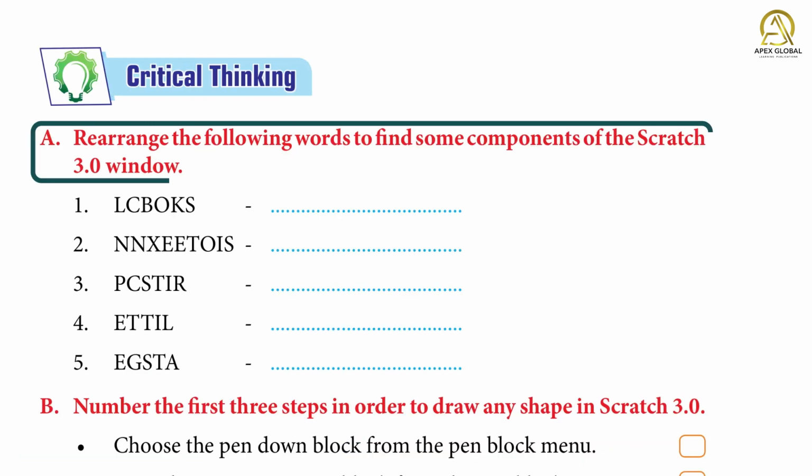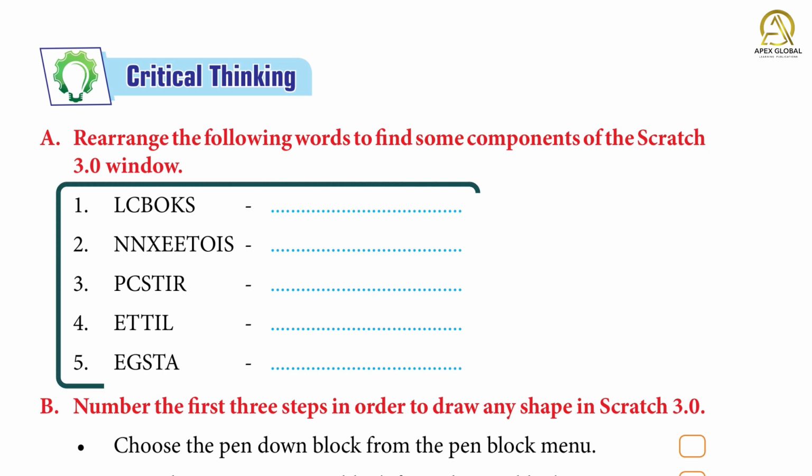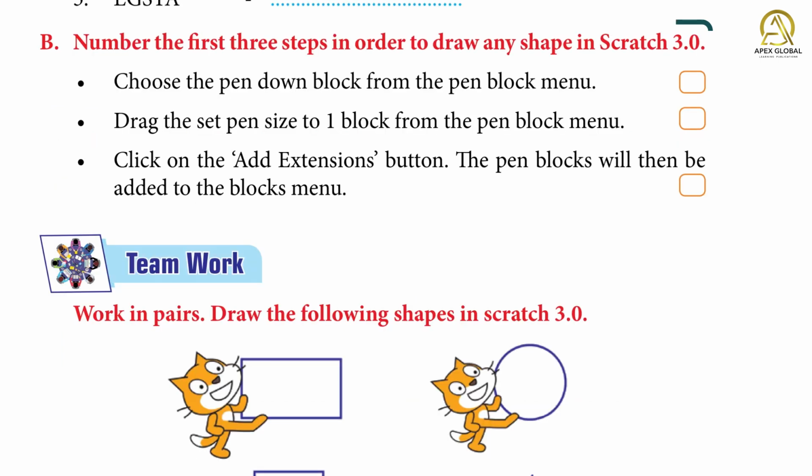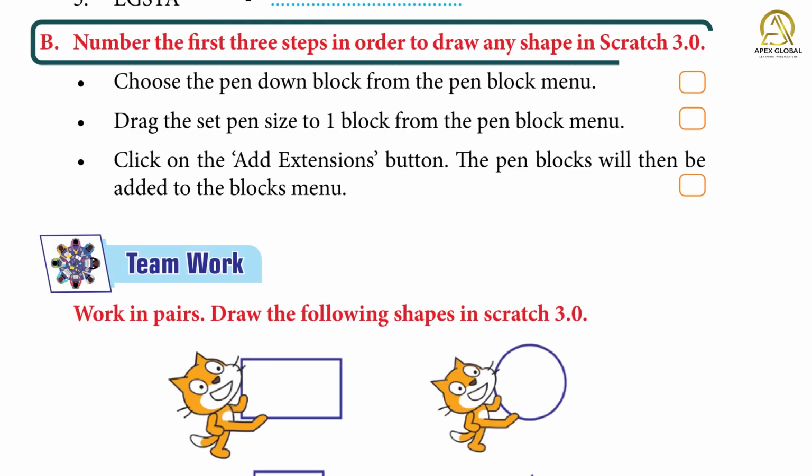A. Rearrange the following words to find some components of the Scratch 3.0 window. 1. Blocks. 2. Extensions. 3. Script. 4. Title. 5. Stage. B. Number the first 3 steps in order to draw any shape in Scratch 3.0.